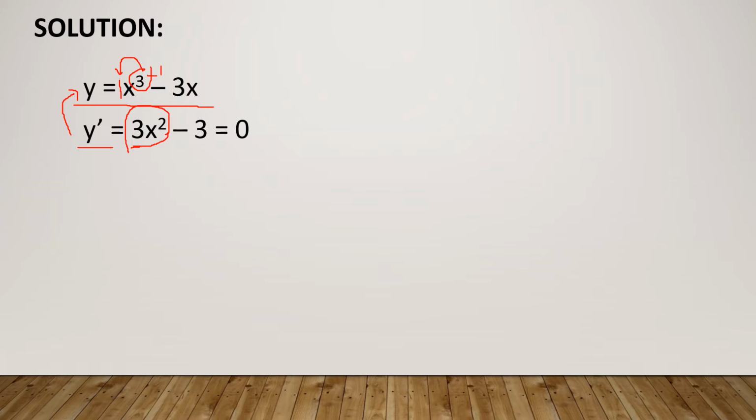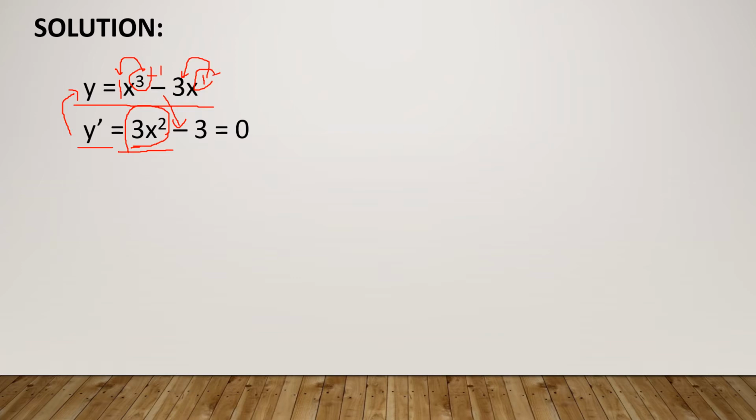Again, we multiply the given exponent to the numerical coefficient for that term, then subtract 1 from the exponent. That will be 3x squared. Same process with the second term, which is 3x. We copy the operation, which is negative. There's a 1 here as the exponent, so we multiply this 1 to 3, which is 3.